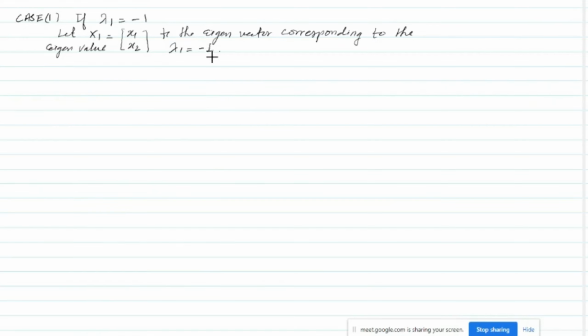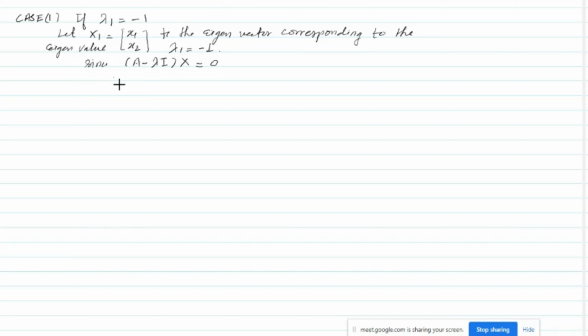Okay, now since we know the formula, A minus lambda I into x is equal to what? 0. So this lambda is replaced by lambda 1.